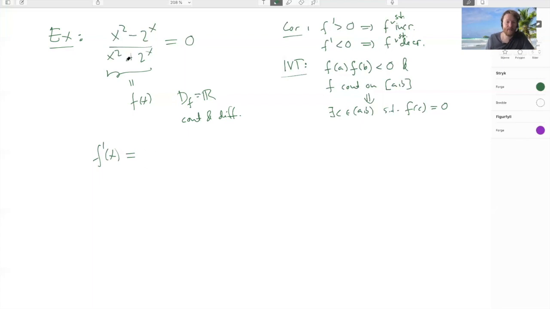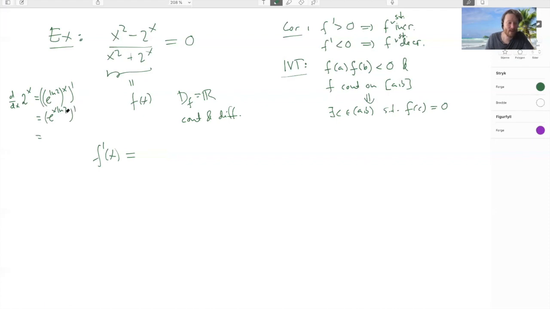So f prime, to compute it, let's first notice that 2 to the x is equal to, well, 2 is equal to e to the ln 2. Then exponentiate with x, so I get e to the x ln 2. So when I want to differentiate this, I can use the chain rule.